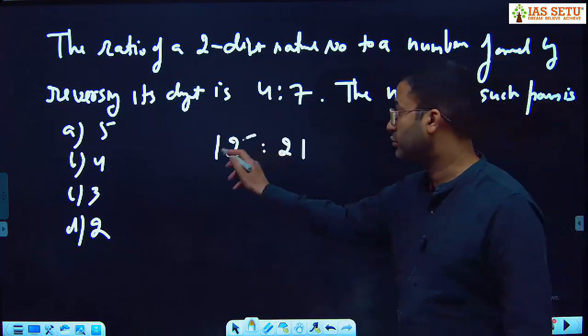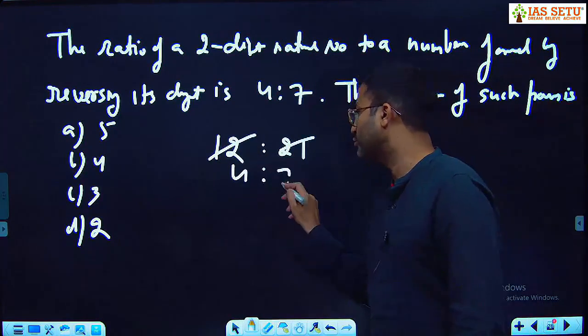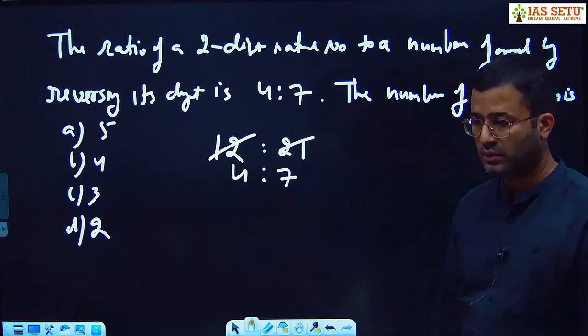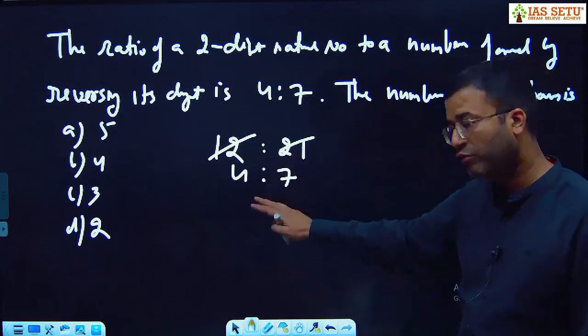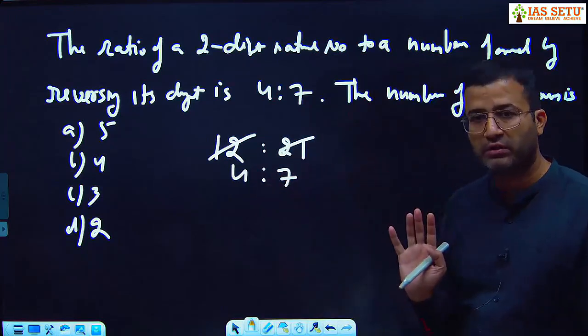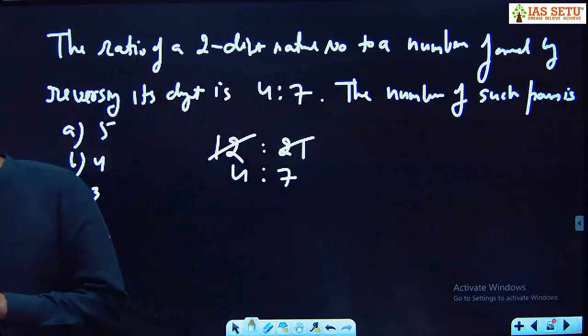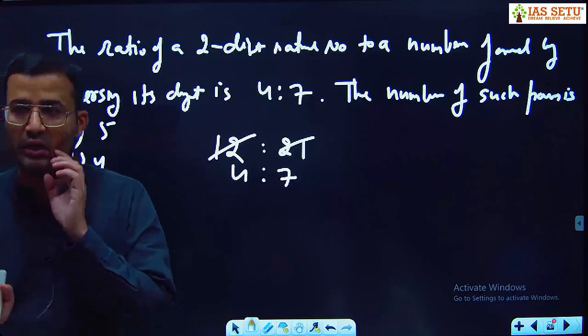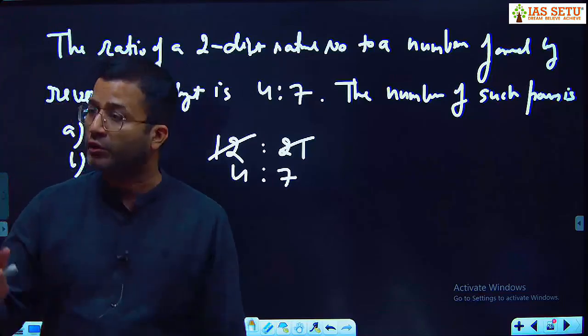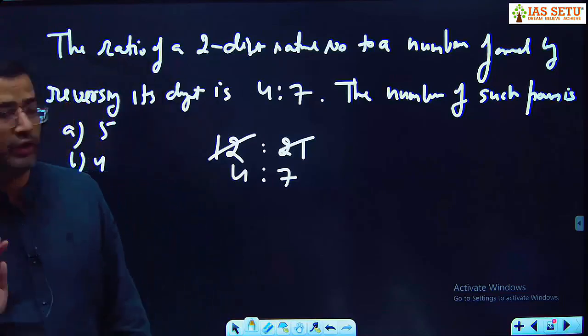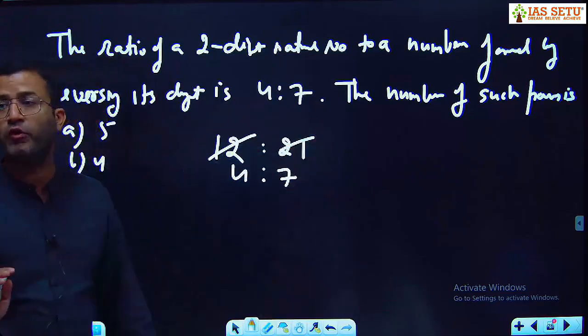What is the ratio? 4:7. Check with 10. But when you reverse 10, you get a single-digit number 1. Will not help. Check with 11. When you reverse 11, you get 11 only. Will not help, because the ratio has to be 4:7.